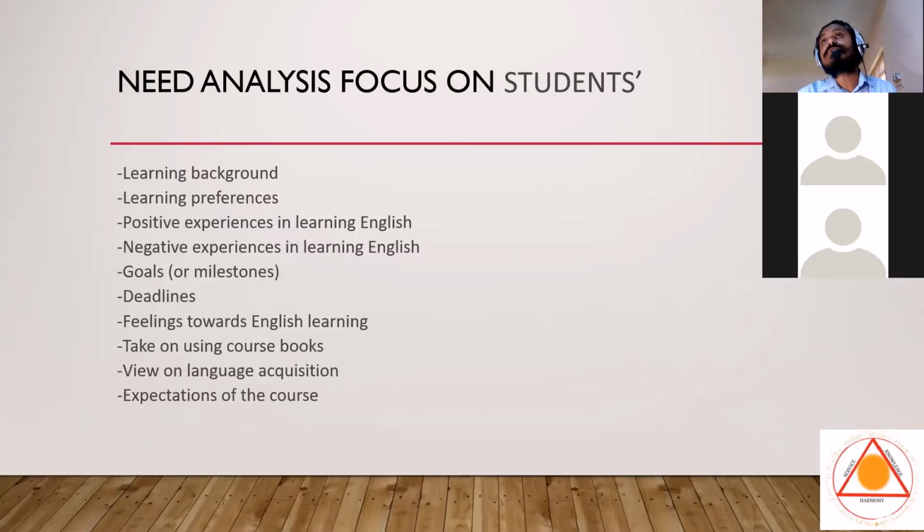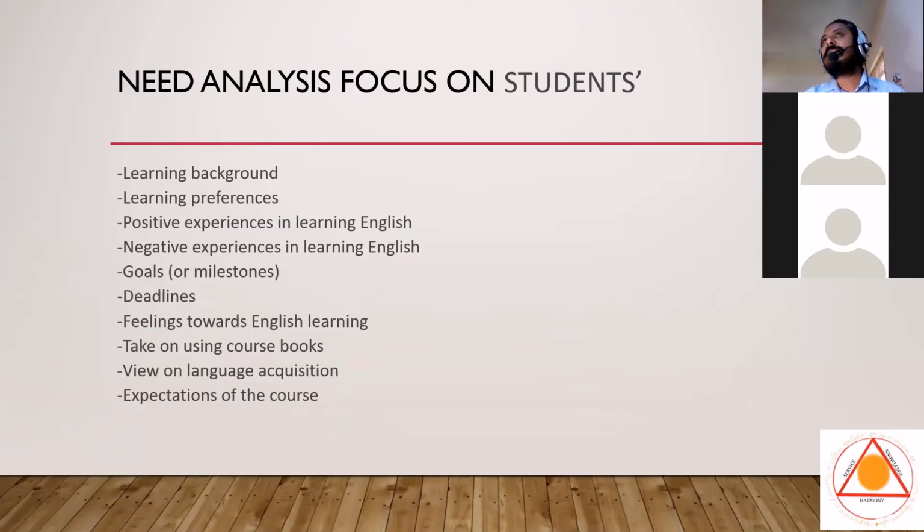What are their goals and how do they see them, and when do they want to achieve them? How long they would like to take English classes for. For example, my IELTS students will always say to me that they need 3 months time and they want to get admission into the September intake or January intake.